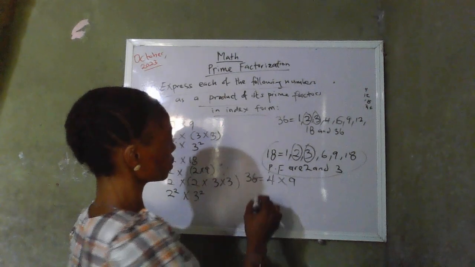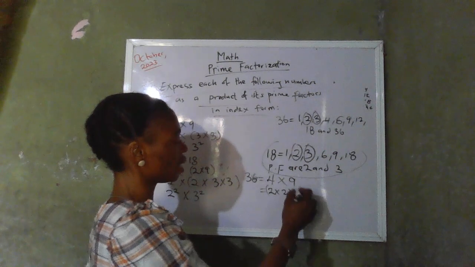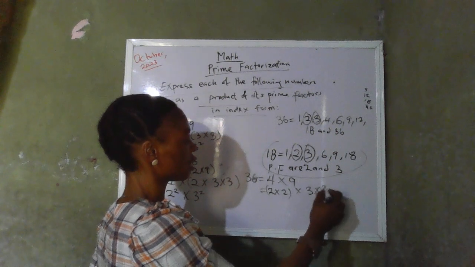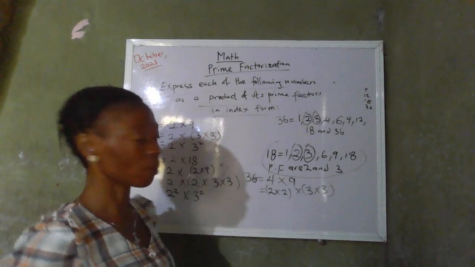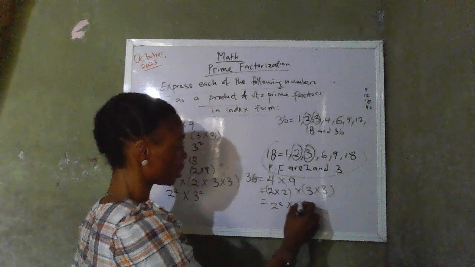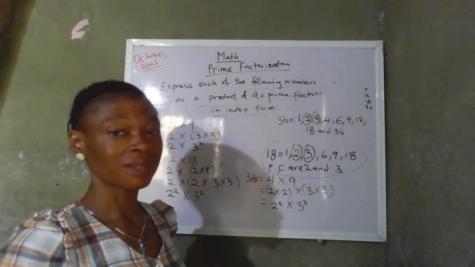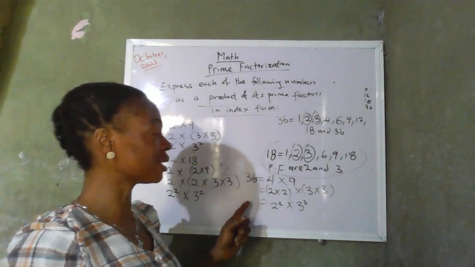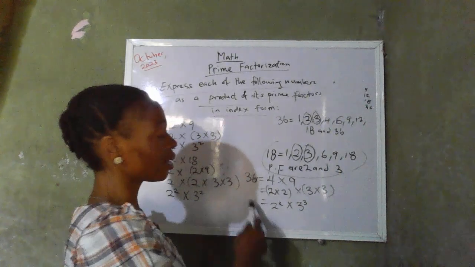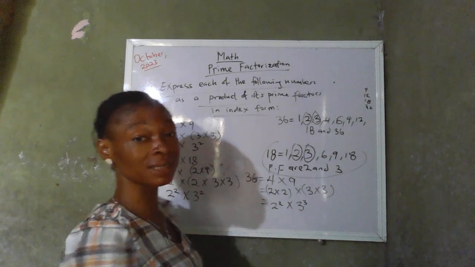Break it down. 2 multiplied by 2 gives us 4, and 3 multiplied by 3 gives us 9. So we still arrive at 2 raised to the power 2 multiplied by 3 raised to the power 2, expressing 36 as a product of its prime numbers in index form.